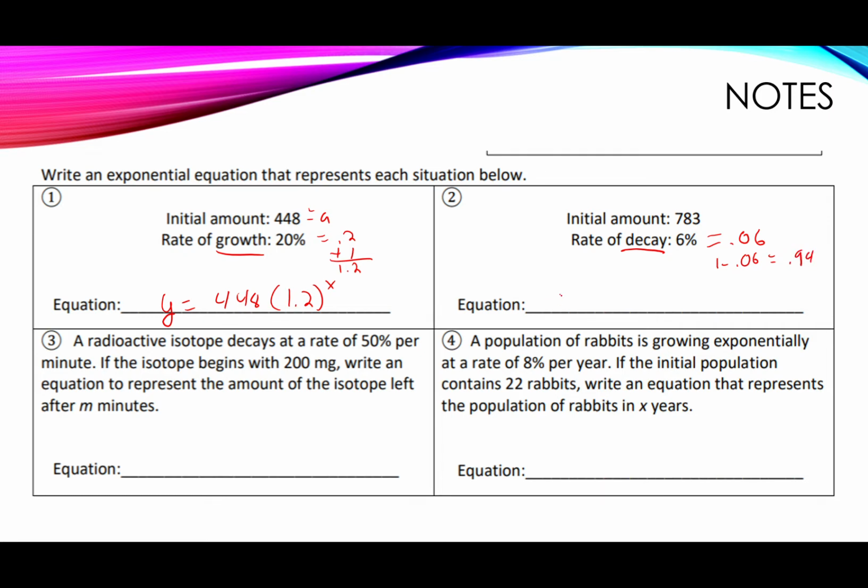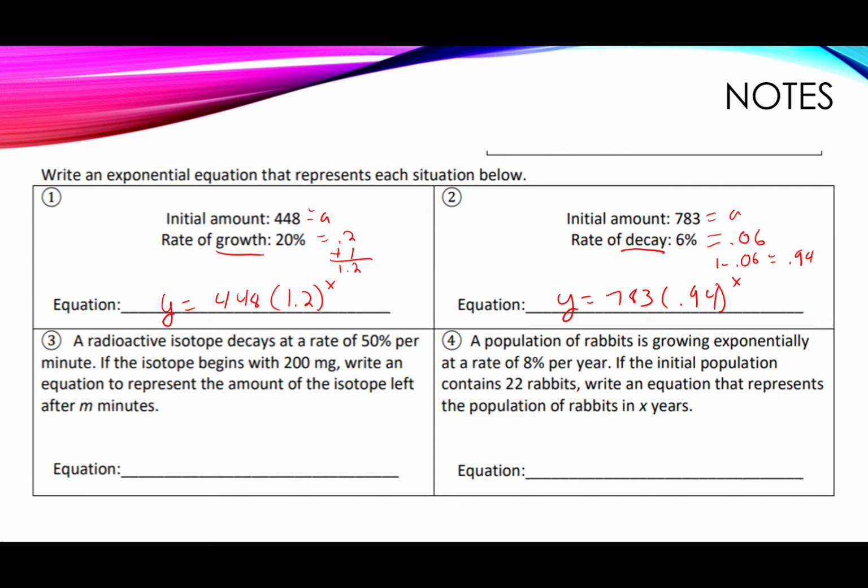And so to put my equation, it's y equals a, which is 783, and in parentheses, 0.94 to the x power. And that's it.